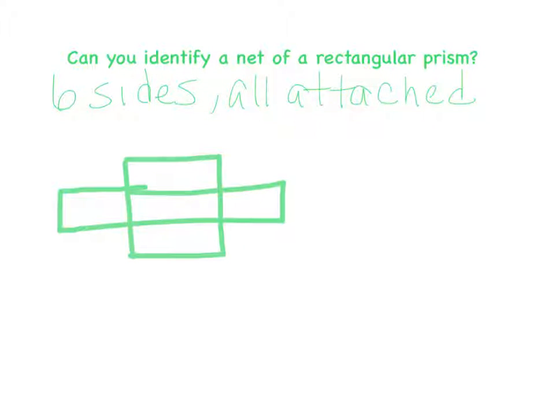And maybe that will help me determine if it is or is not the net of a rectangular prism. So let's go ahead and count. We have 1, 2, 3, 4, and 5. So this is not the net of a rectangular prism because this net only has 5 sides. The net of a rectangular prism has to have 6 sides.